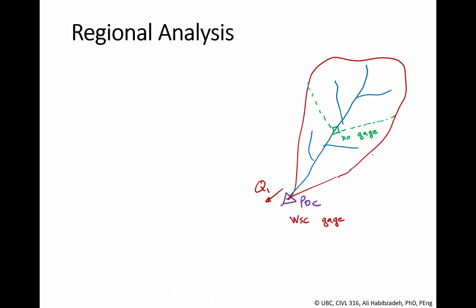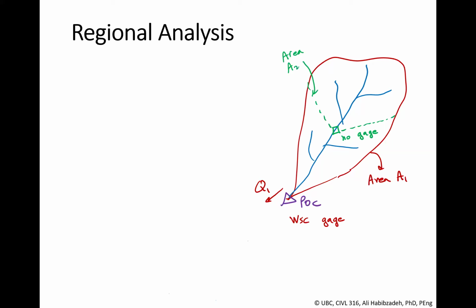Let's say this bigger catchment has an area of A1, and this smaller catchment, which has no gauge, has an area of A2.